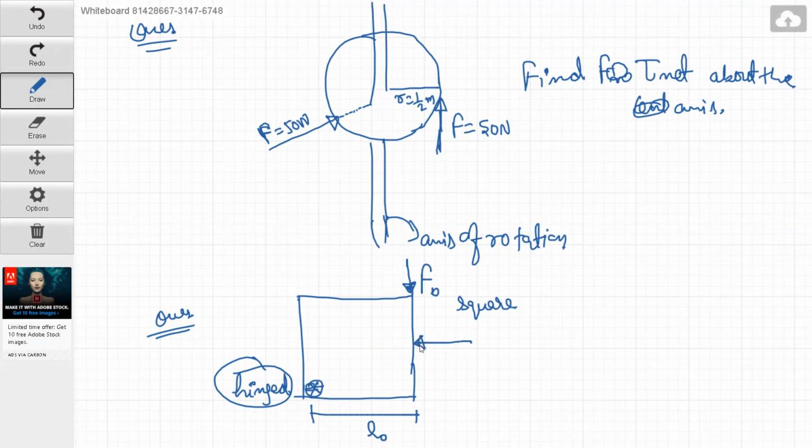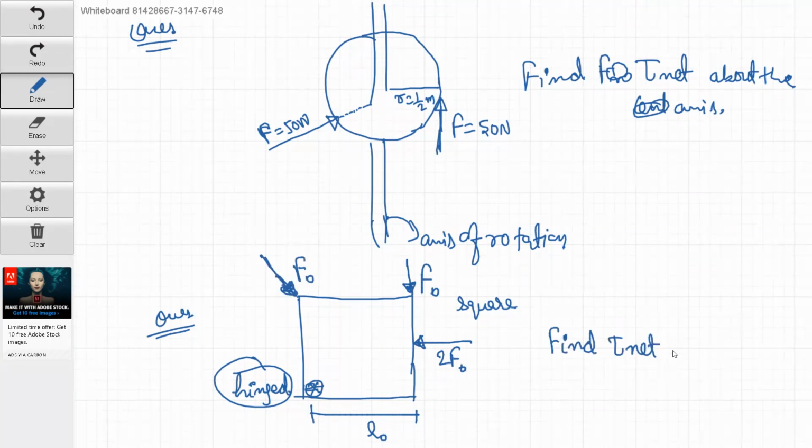Here, from the midpoint, this is twice F naught force. In this direction, along the diagonal, the force is F naught. Find the net torque about the hinge point. Do it fast.